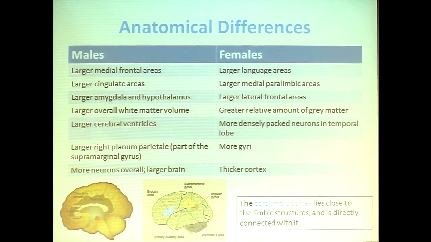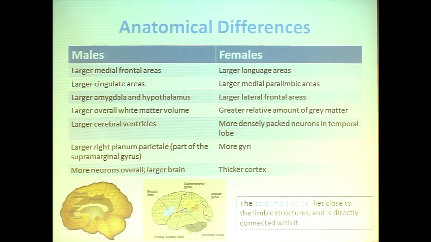They have larger overall white matter volume. They have larger cerebral ventricles. They have a larger right planum and parietal area, which is part of the supramarginal gyrus, and I just put that picture in to remind you of where that is. And they have more neurons overall, and they have larger brains overall.